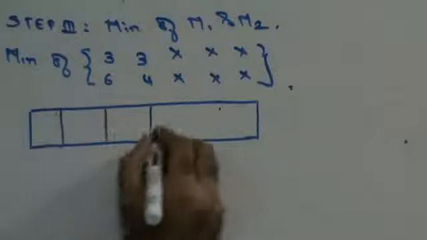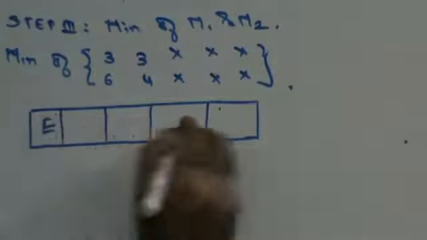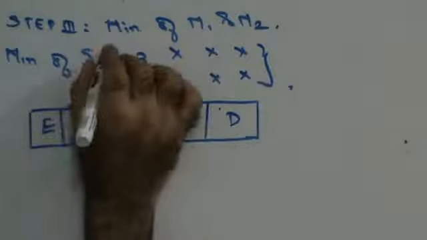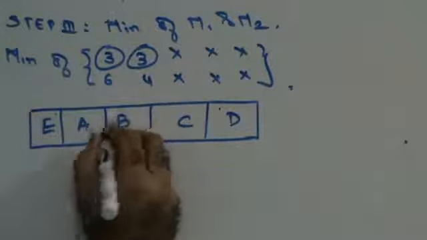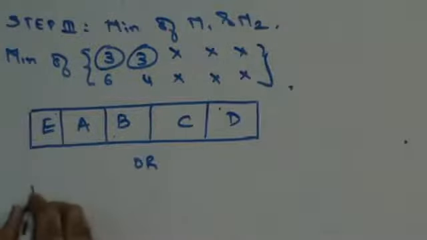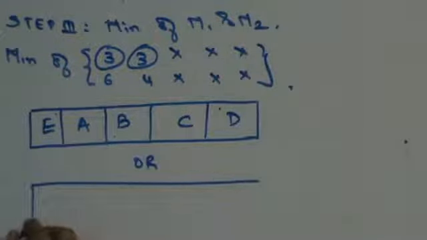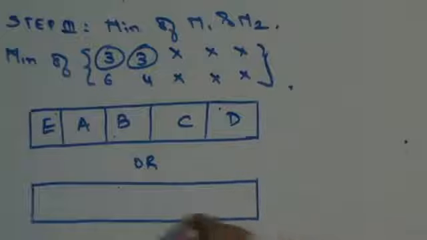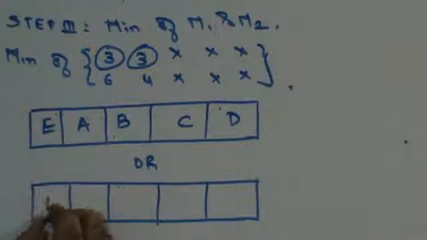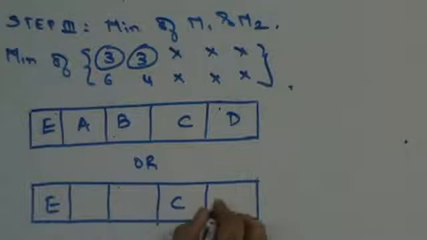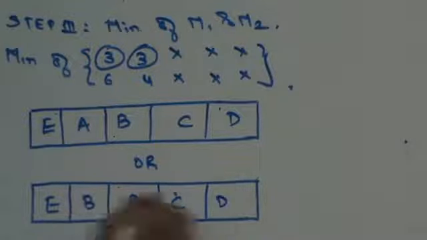I already had E, C, D. Either I can use A first and B later, or the sequencing alternative will be E, C, D with B first and A later.